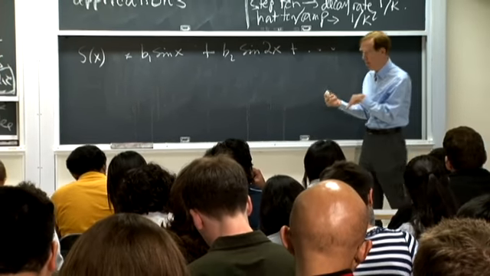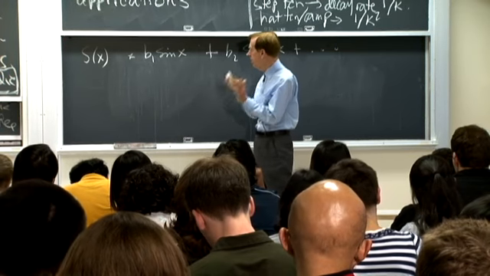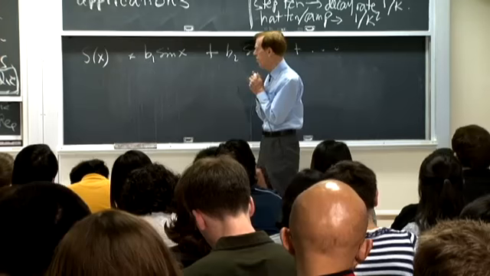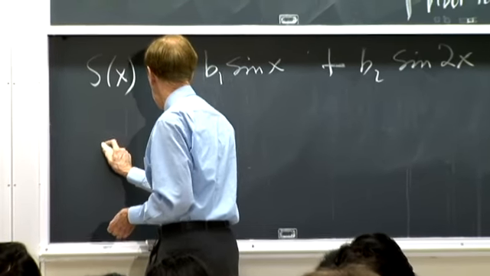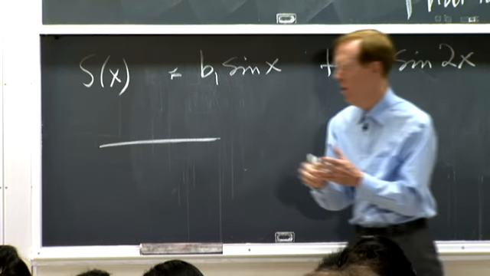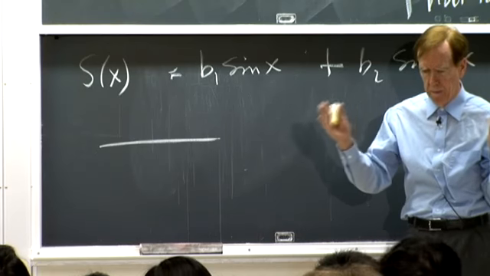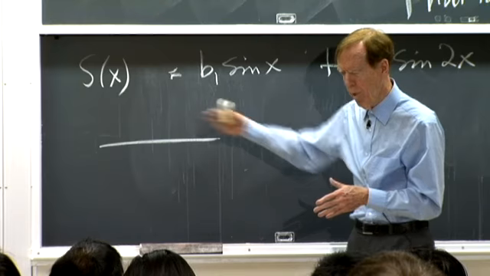Right? We're in function space. We're not dealing with vectors now. So how is it possible to find those coefficients? And let me choose a particular s of x. Since it's 2 pi periodic, if I tell you what it is over a 2 pi interval, just repeat.